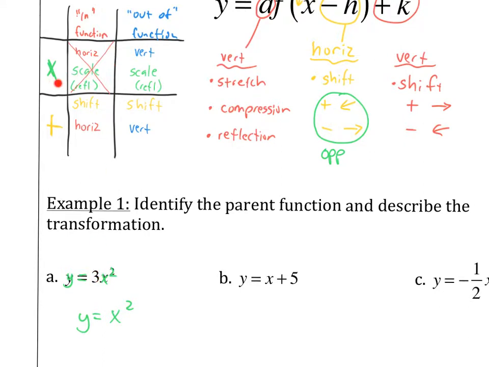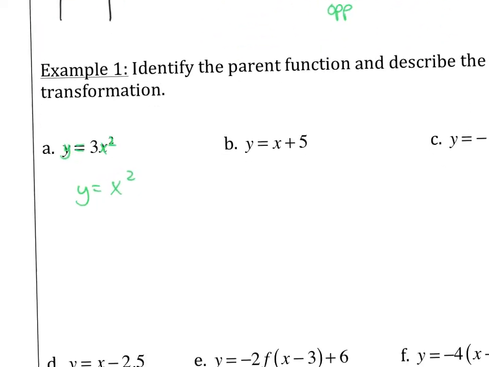So if I go up to here, it's multiply by 3, and it's happening outside of the x squared. Look, it's outside the x squared, as opposed to this, where the 3 would be inside the function and being squared too. So we're saying here it's happening outside of the x squared. So because of that, it is an outside multiplication, so it's a vertical scale.